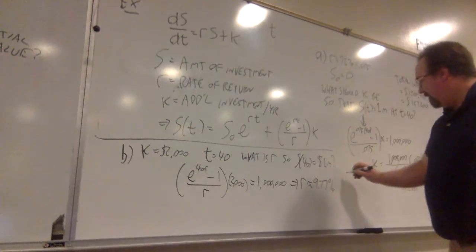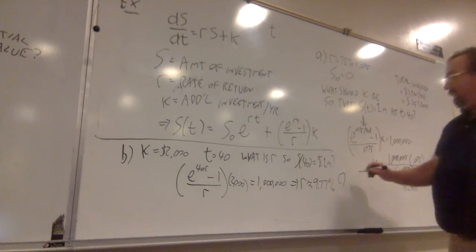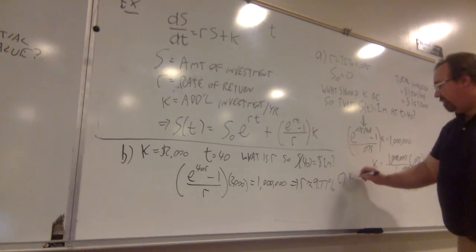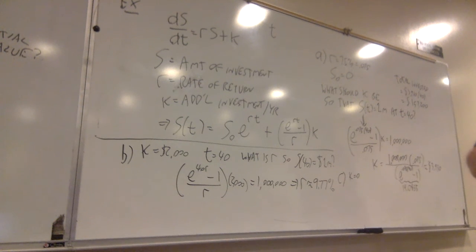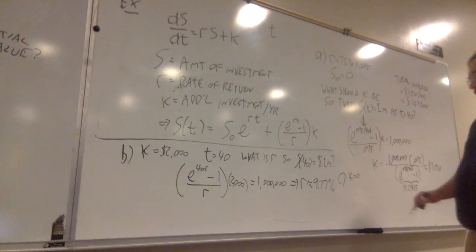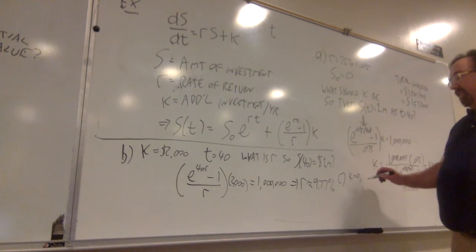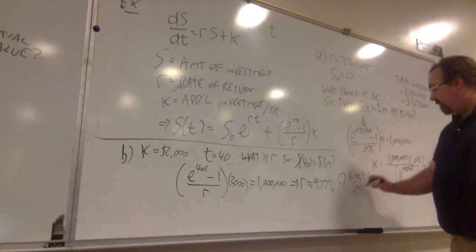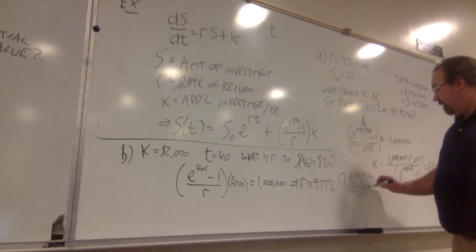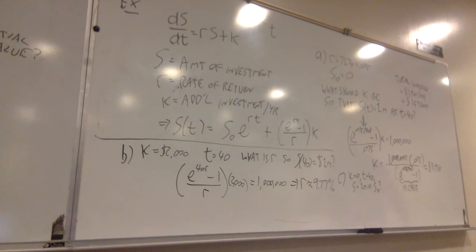So if I have K equals 0, so we're not putting in any money every year, we're just putting in one amount down all at once, and T is equal to 40, and S is equal to 1 million. What should S naught be in this case?